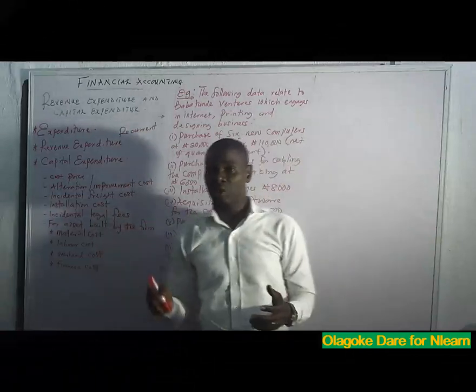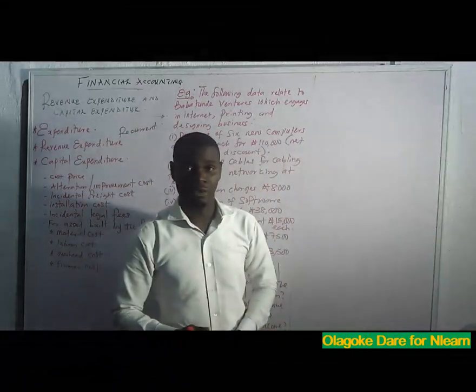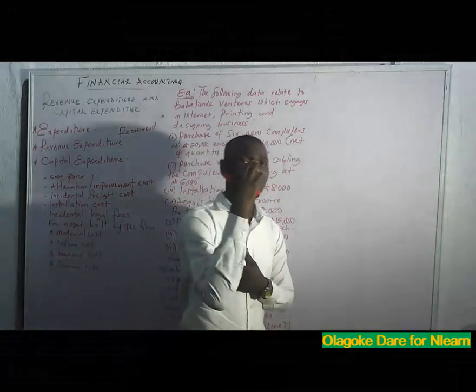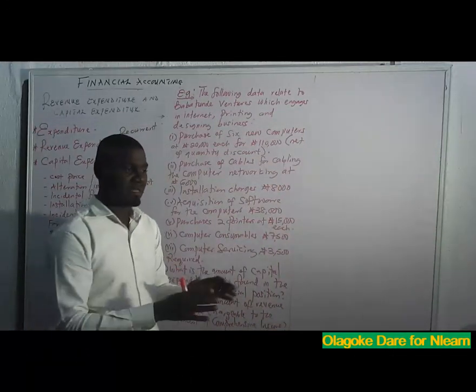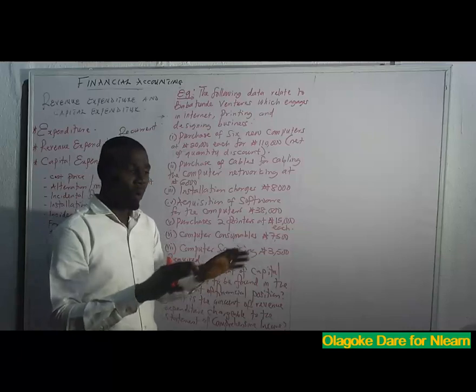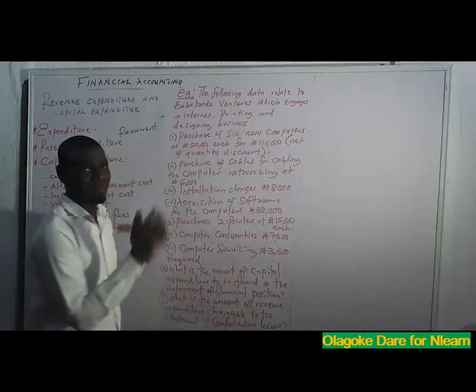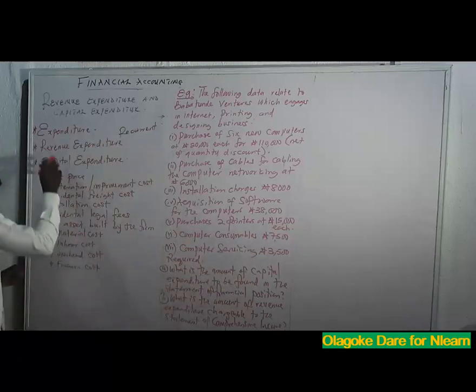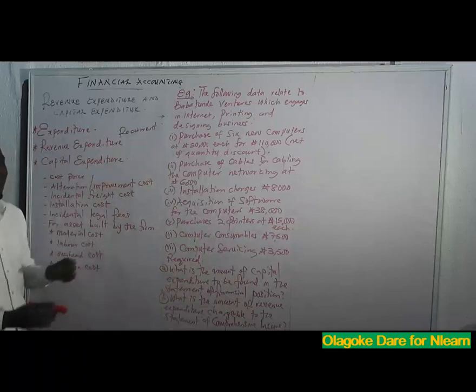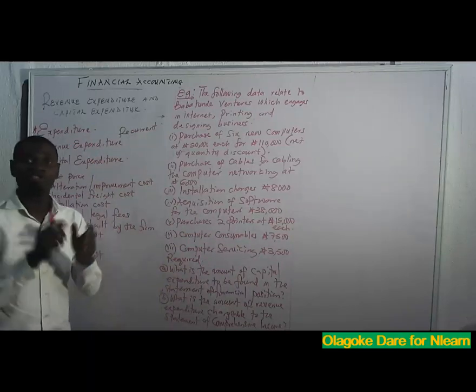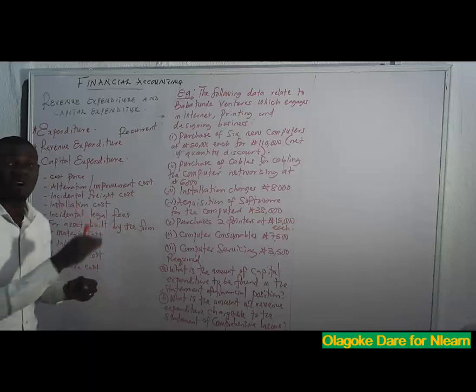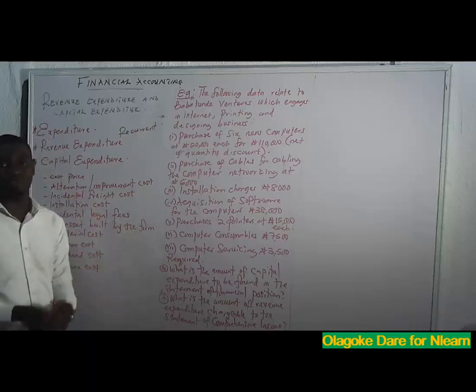Any expenditure of a business organization towards a particular benefit which will last within a year, such expenditure is regarded as what? A revenue expenditure. A revenue expenditure is usually shown in the income statement of a business organization.